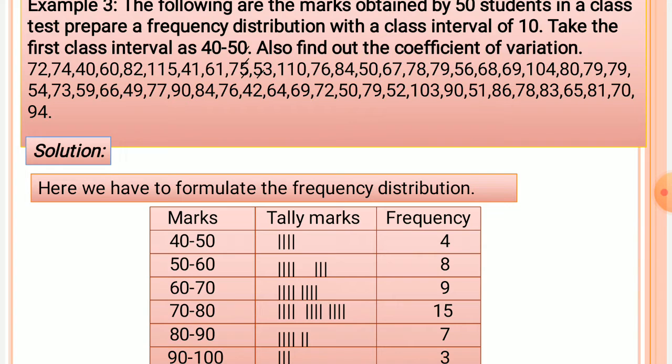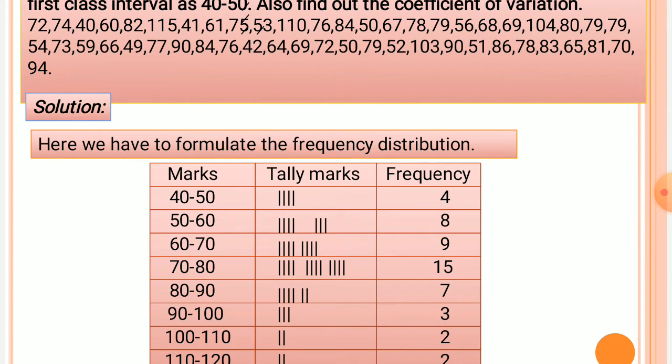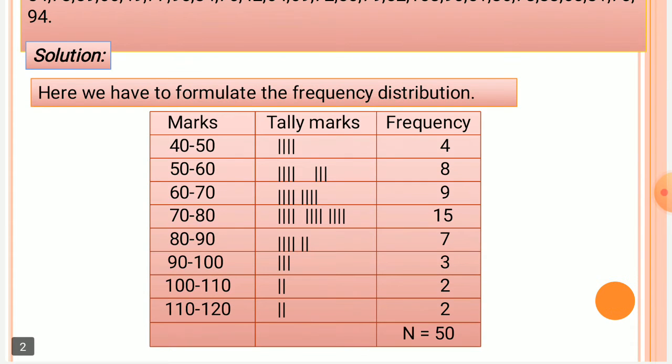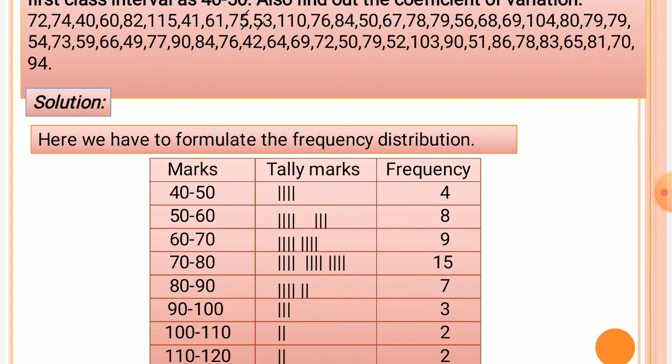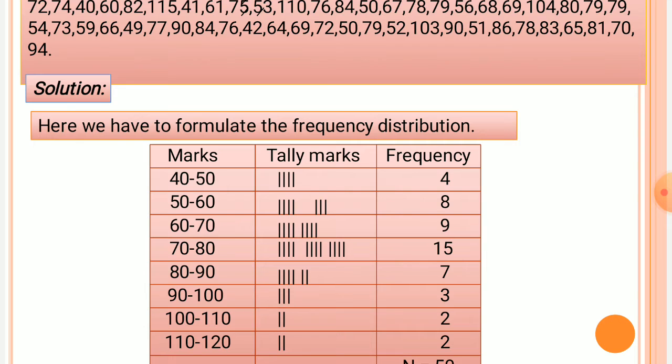Then 70 to 80, 80 to 90, 90 to 100, 100 to 110, and 110 to 120, because the maximum test mark is 115. Therefore the last class interval is 110 to 120, and afterwards we formulate the frequency distribution.